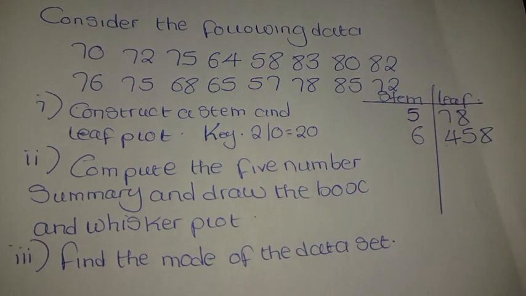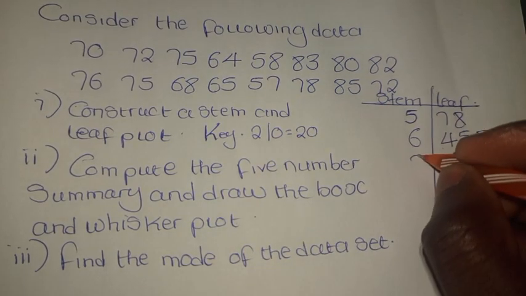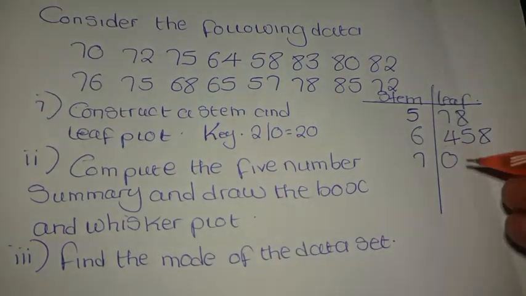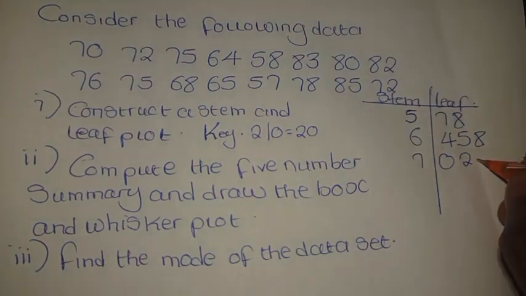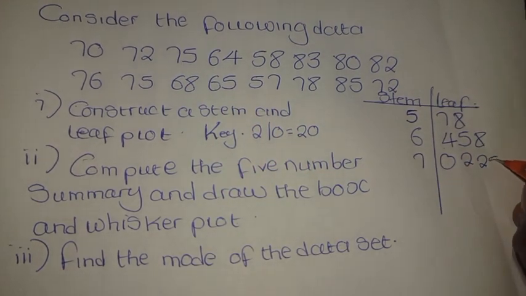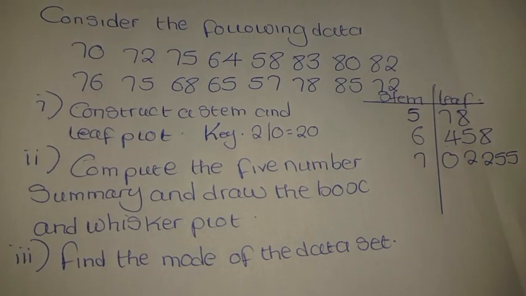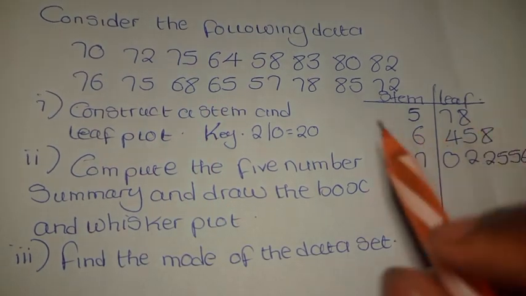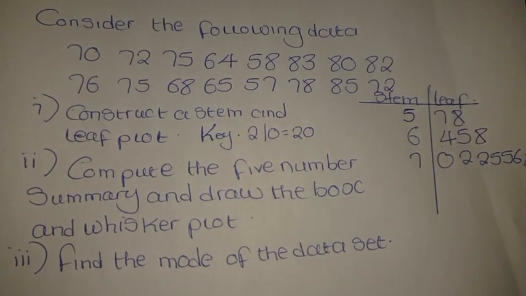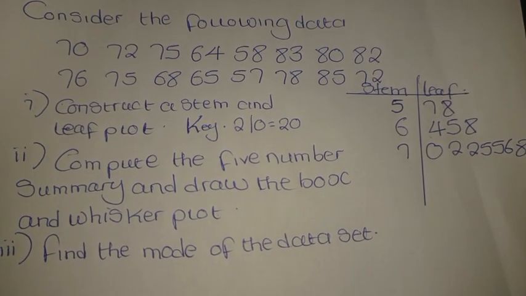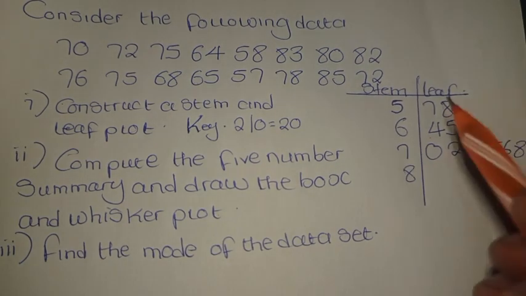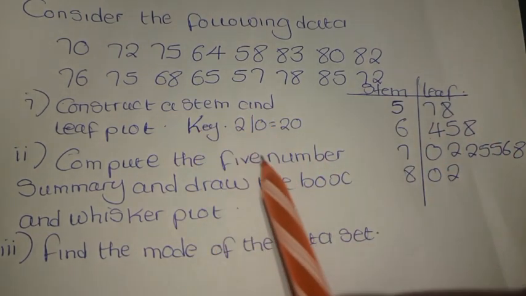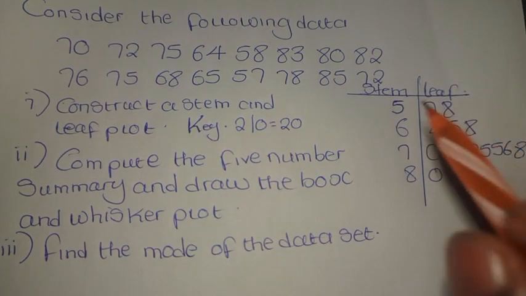Remember, if you were to rewrite this, you will have 64, 65, and 68, because that's what my key says. Then from 60, you go to 70. In the 70s you have 70, 72, 72 again, 75, 75 again, 76, and also 78. Then we have our 80s: we have 80, 82, 83, and lastly 85.